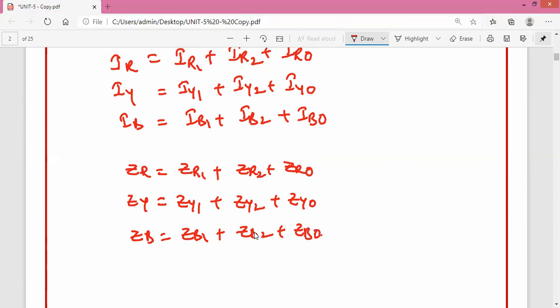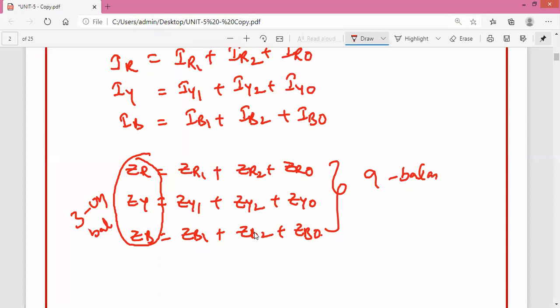So the conclusion here is that a set of three unbalanced parameters can be represented by using 9 balanced parameters. Is this correct? All these are the balanced parameters.